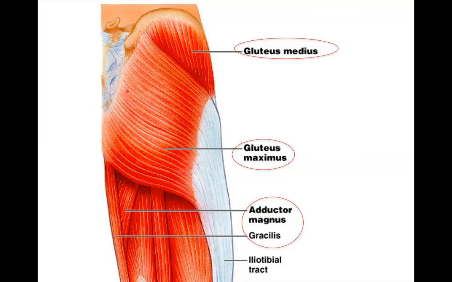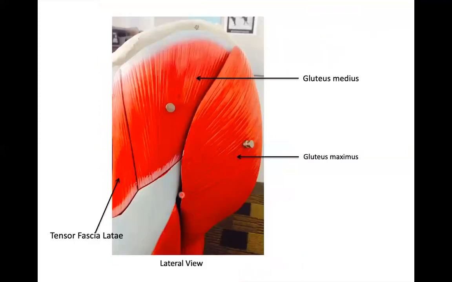So right here we have two major muscles that are forming the posterior aspect. The largest one is the gluteus maximus, and the one on the lateral aspect of the ilium is gluteus medius. Going farther down, you have muscles that are forming your hamstring and are not labeled here, so I'll show you on the next picture what these muscles are.